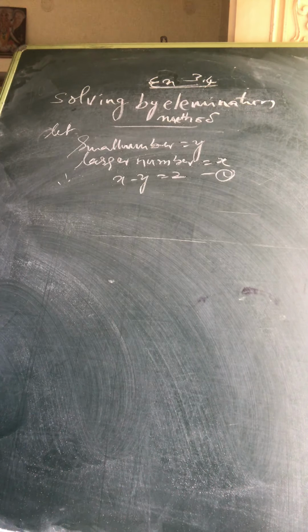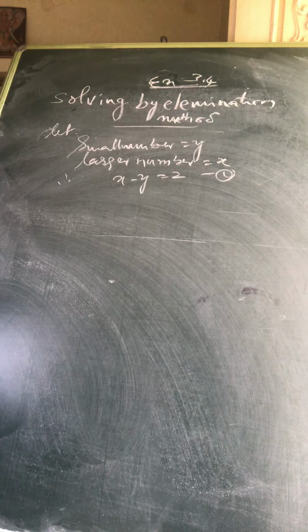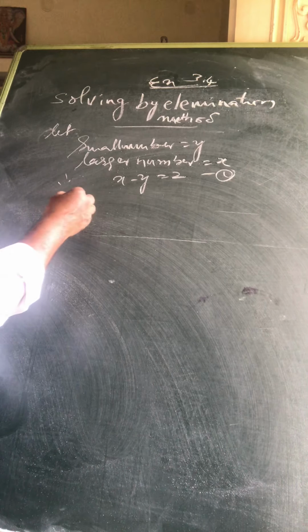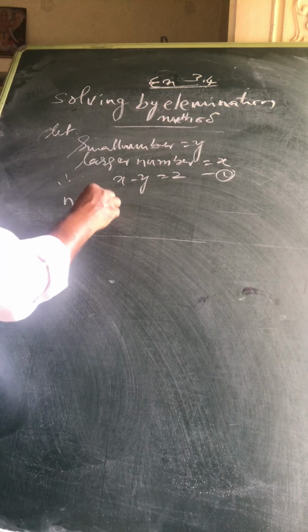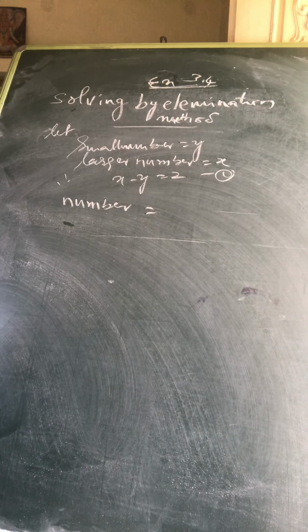What he said: the sum of the two-digit number and the number formed by reversing the digits. What we have to do?